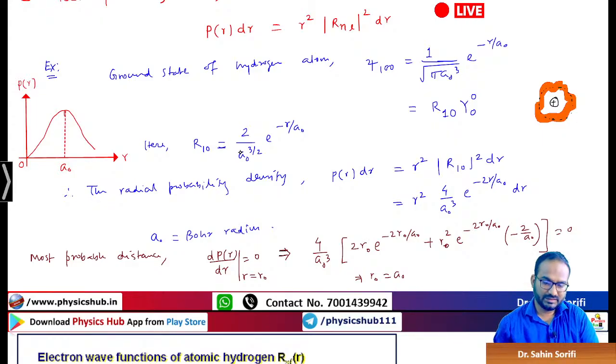Sir, it is the most probable distance of the electron. Yes, when you take the derivative of the probability with distance, it will give the most probable distance.